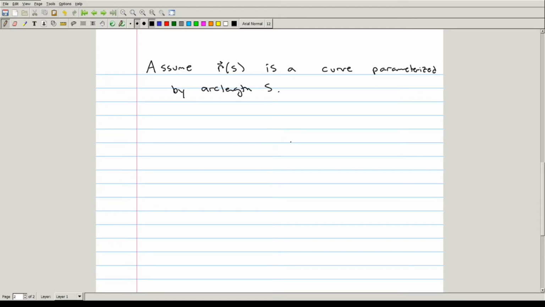We have a number of different nice computational simplifications which come with that. Specifically, we don't have to worry too much about some arbitrary parameterization t. And one of the big nice ones is that r prime, which is the derivative with respect to s, is just equal to the unit tangent vector.